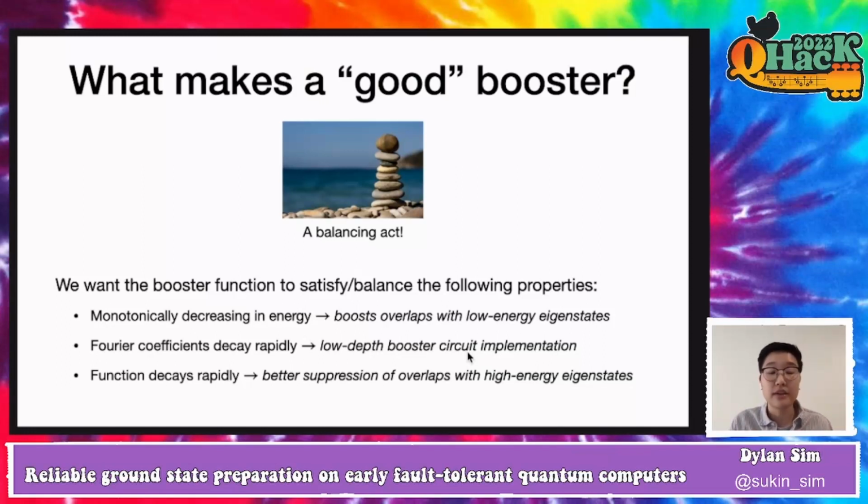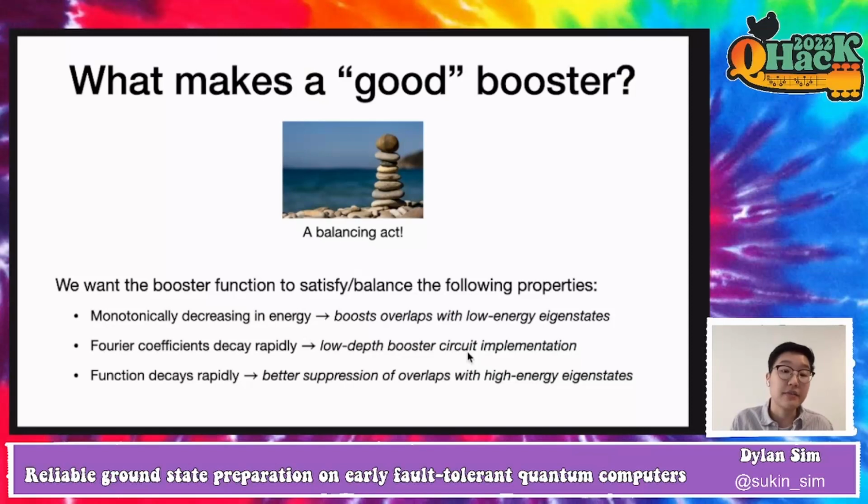For example, if f is monotonically decreasing in energy, this corresponds to the ability to boost overlaps with low energy eigenstates while suppressing the overlaps with higher energy eigenstates. If the Fourier coefficients of f decay very rapidly, this allows for a low depth circuit implementation of that particular booster.